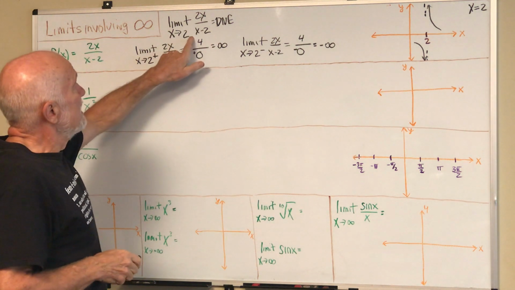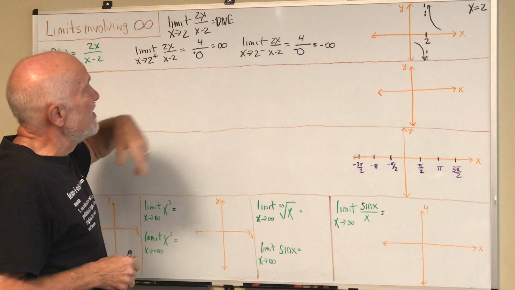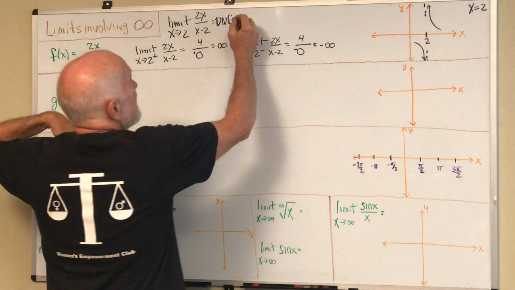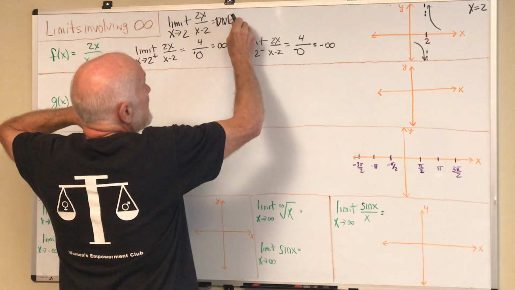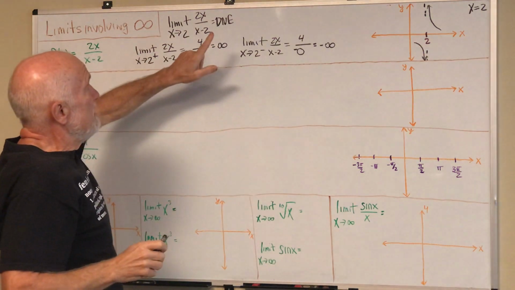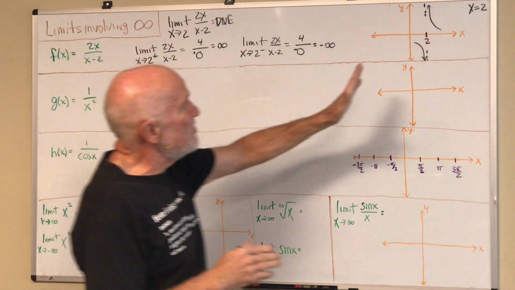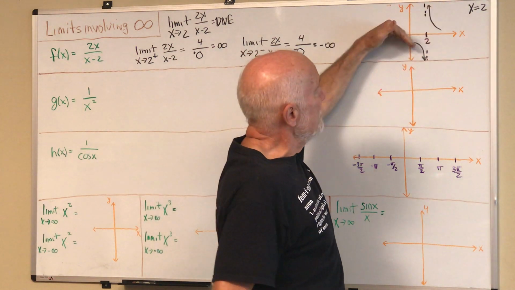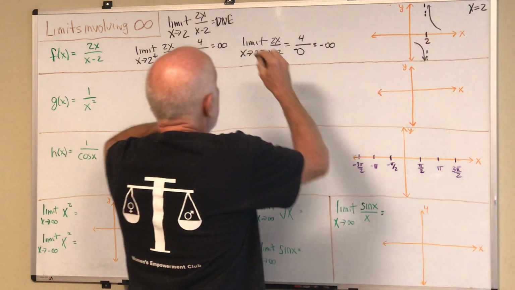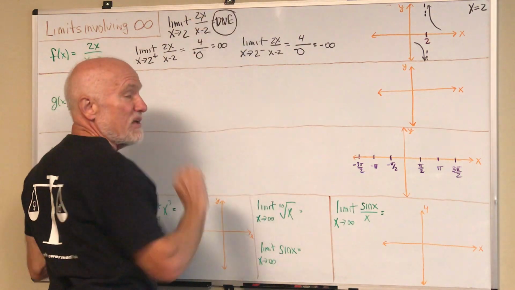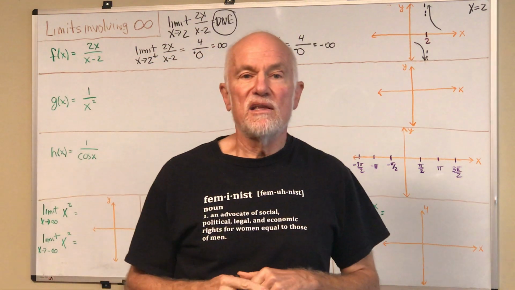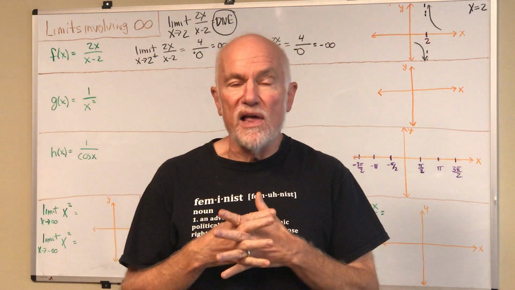Now, besides does not exist, you have three choices: infinity, negative infinity, or does not exist. Well, since one side's going to infinity and the other side's going to negative infinity, this is really the best way to describe the limit, because it really doesn't go to the same place.